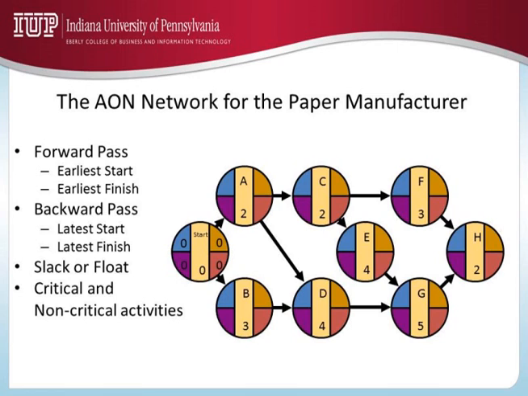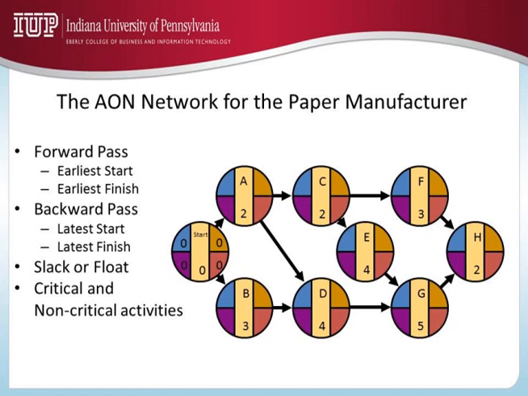These things will become more clear now when we calculate these numbers: earliest start, earliest finish, latest start, latest finish. In the forward pass, that is going from start to finish, we will calculate the top 2 numbers: earliest start, earliest finish. Going on the backward pass, we will calculate the latest start and the latest finish.